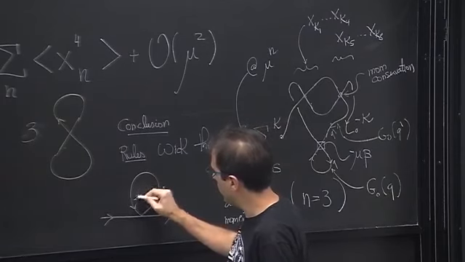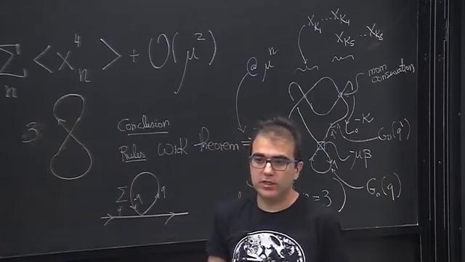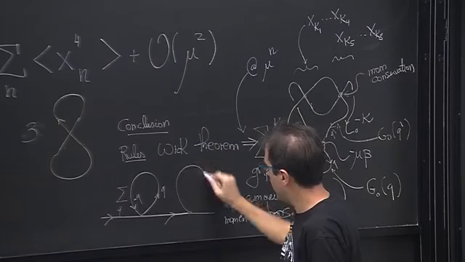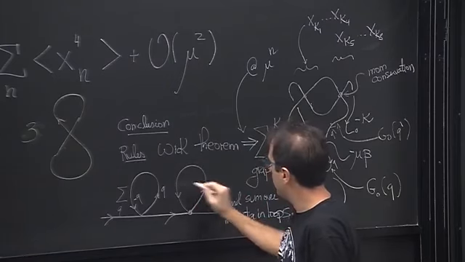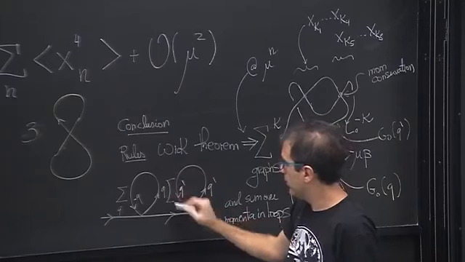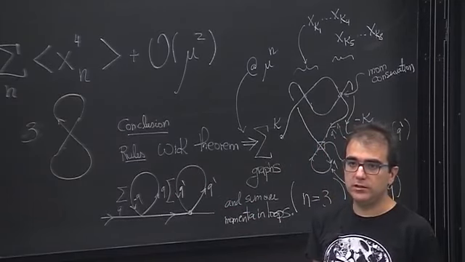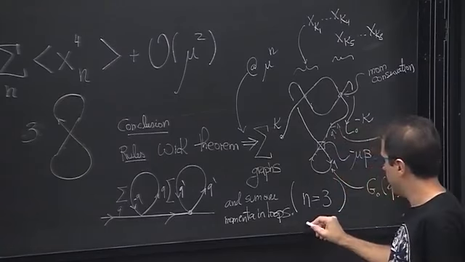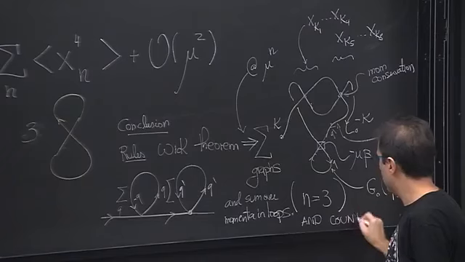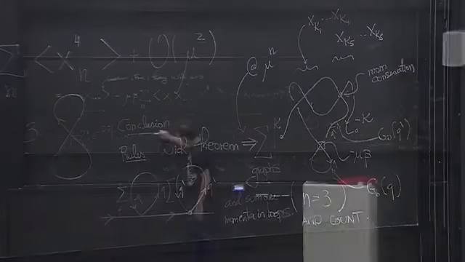I could have Q here and minus Q. So I have to sum over Q because I don't know what it is. Right? If I have a more complicated graph where I have, say, these two loops, I would have to sum over Q and over Q prime. This is compatible with momentum conservation. Right? And finally, we have to count, to be careful to put the correct factors of 1/2 and so on.